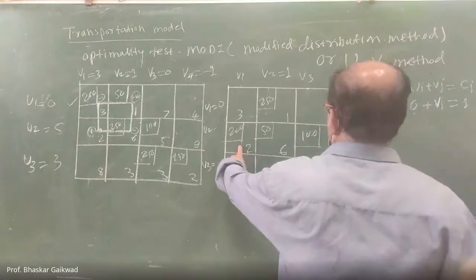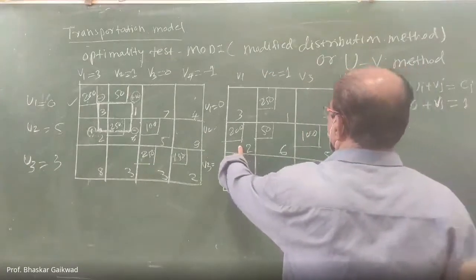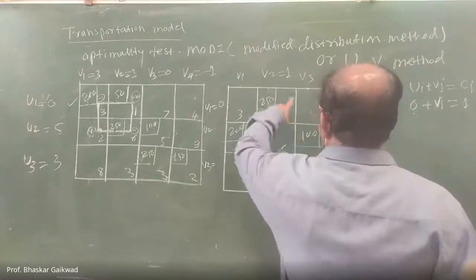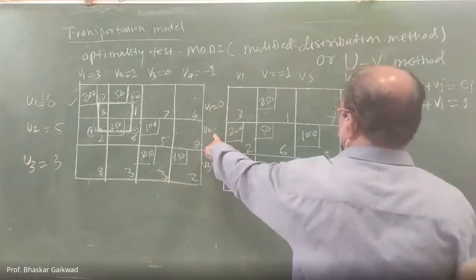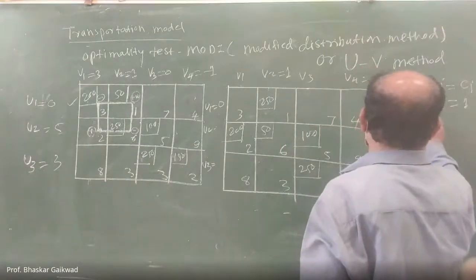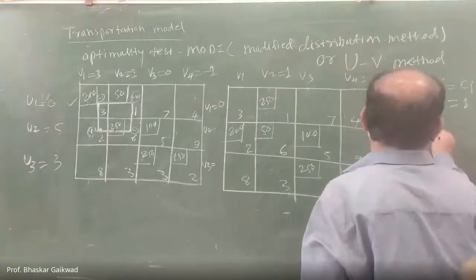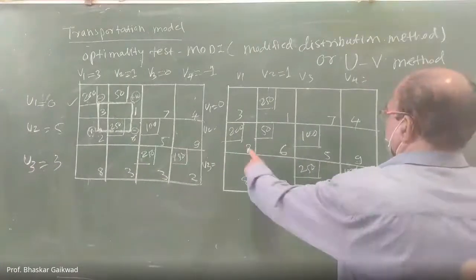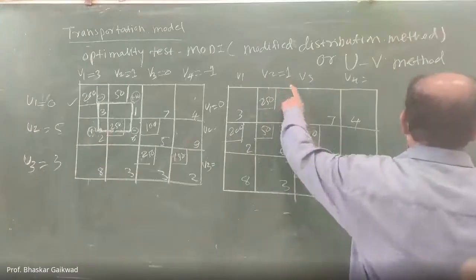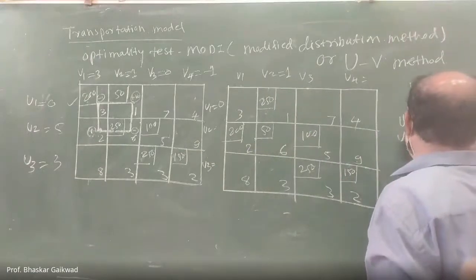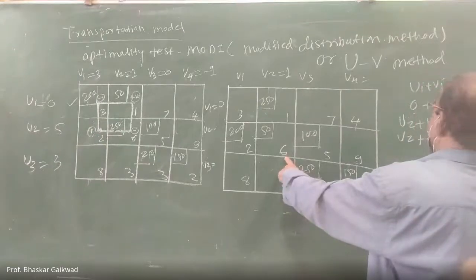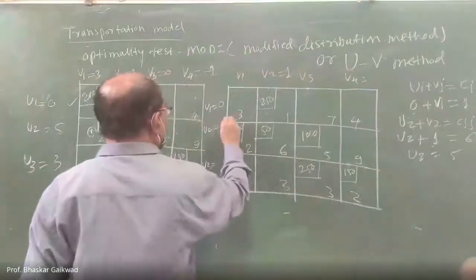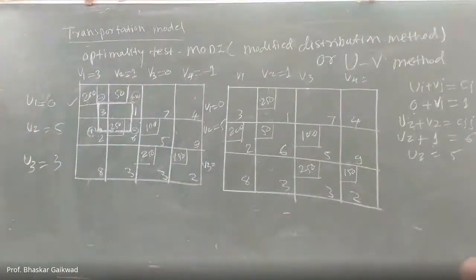When you go to this one, is it possible? Not possible. Now you can go to V2. So V2 plus U equal to 100, V2 equal to 6. This is the 5. Correct. This is the 5.